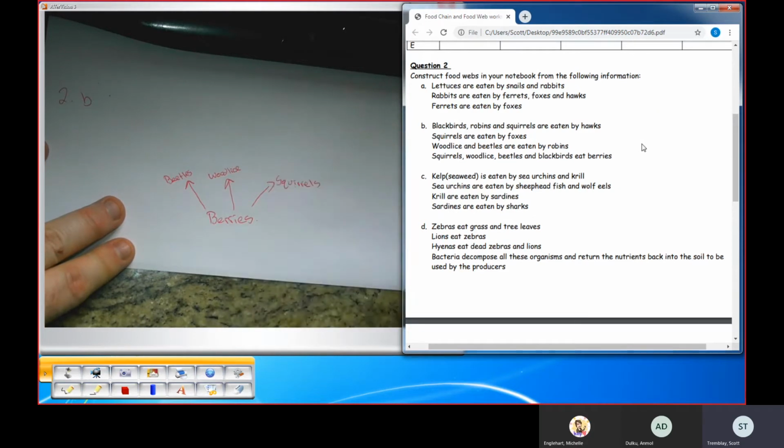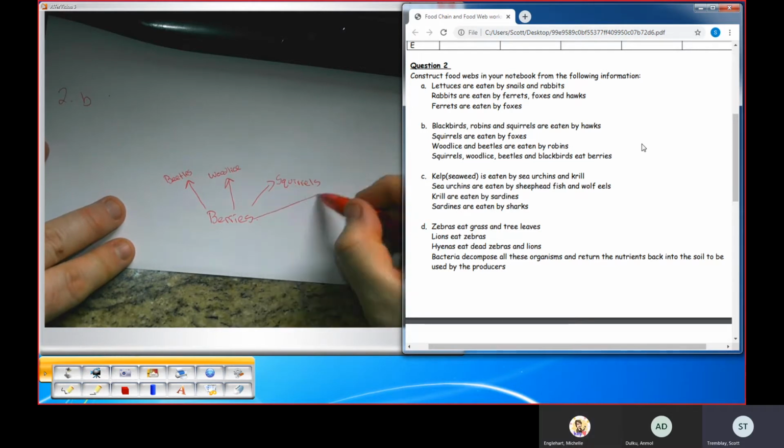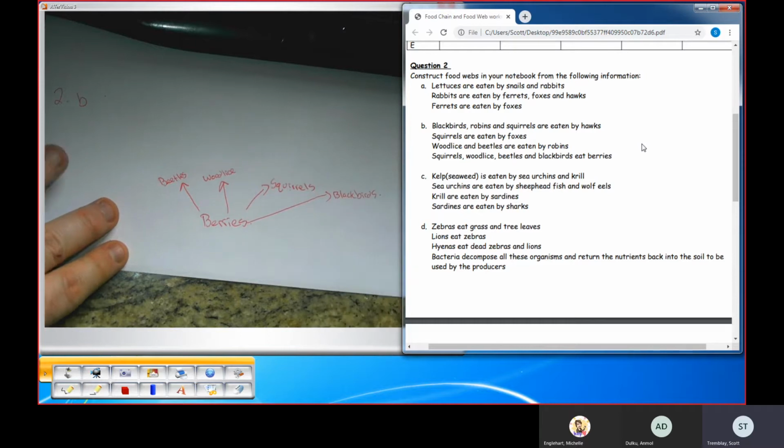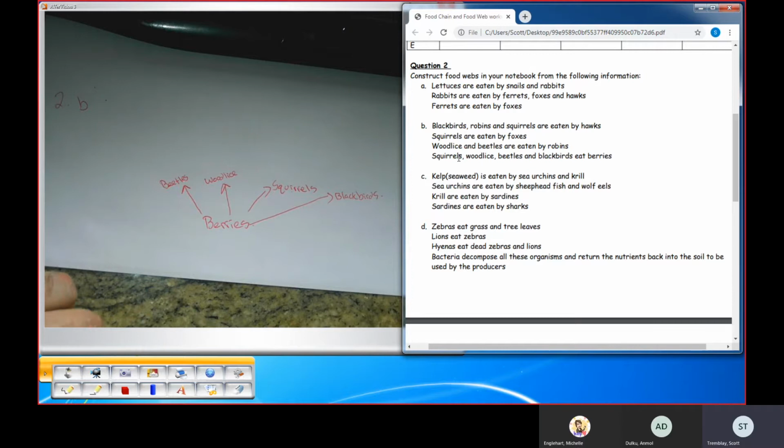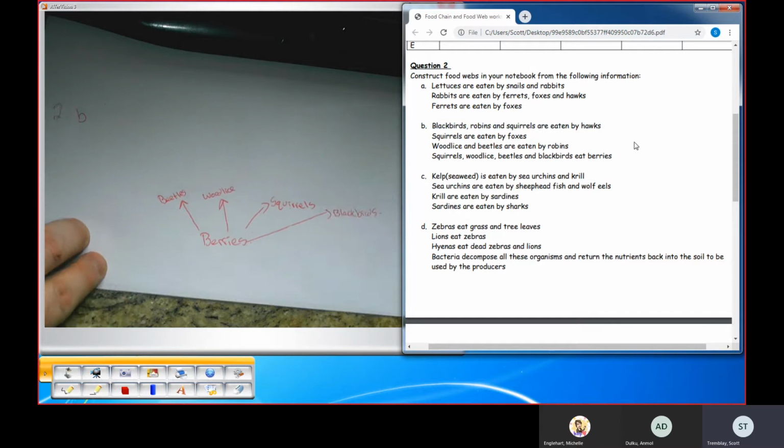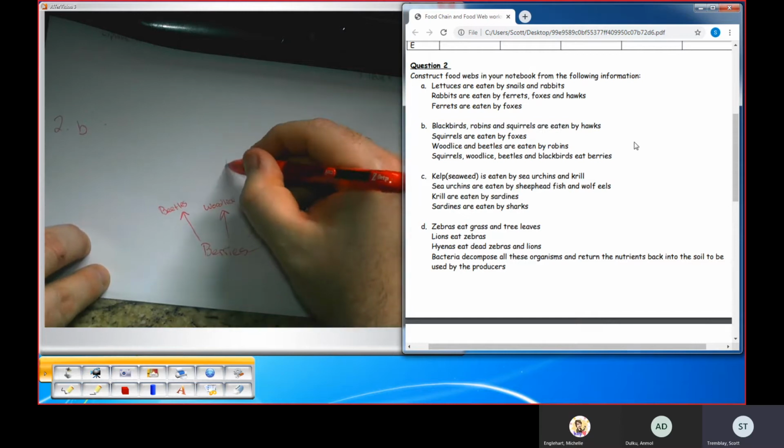And where else can we work with blackbirds? See the blackbirds anywhere else? Okay, so I'll just bring them over the side here. And blackbirds. Okay, so I got that one left. So now let's see what we have here. We have blackbirds, robins, and squirrels that are being eaten by the hawk. So we'll put the hawk up here somewhere.